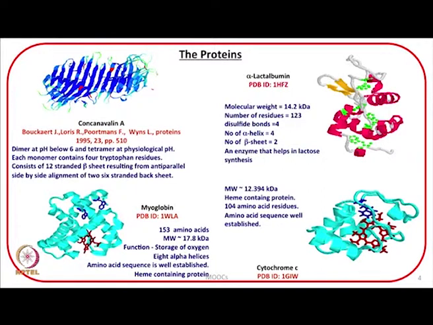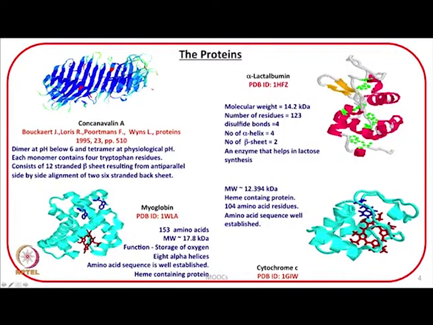Literature suggests that proteins like concanavalin, myoglobin, cytochrome C and alpha-lactalbumin can easily be pushed into a molten globule state under certain solvent conditions.